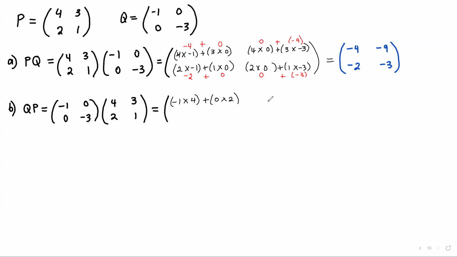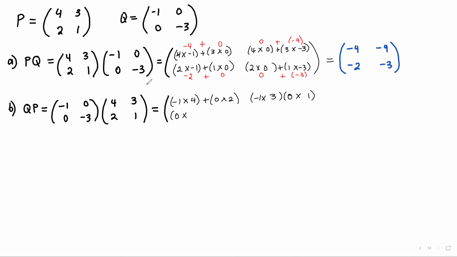Next, the next element here is still row 1, so it's still going to be -1 and 0. But this time you're multiplying by your column 2 values, 3 and 1. And then now we're looking at your row 2 values by your column 1. So it will be 0, that's your row 2 value. This number has to be the same as the one on top here.